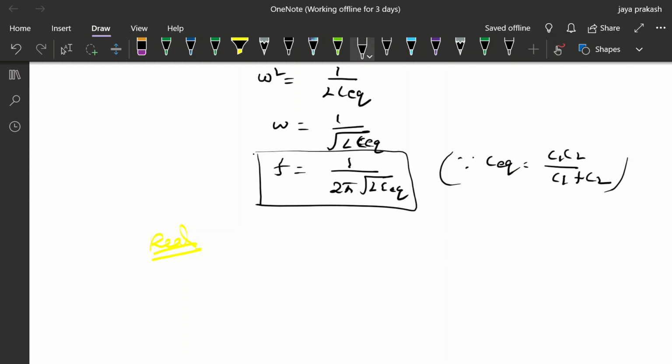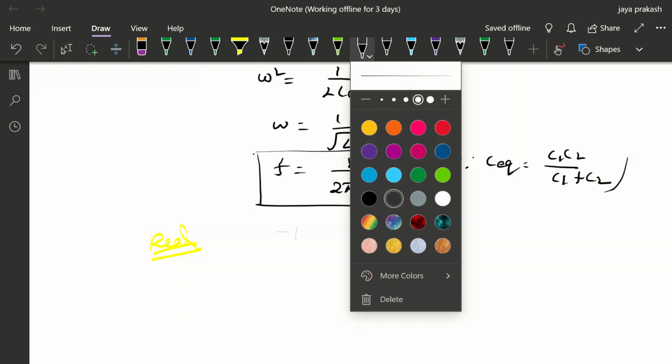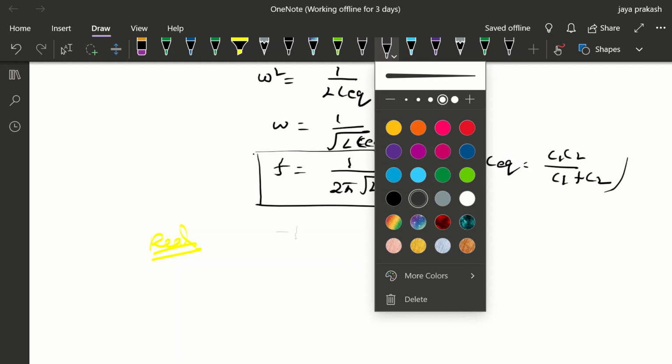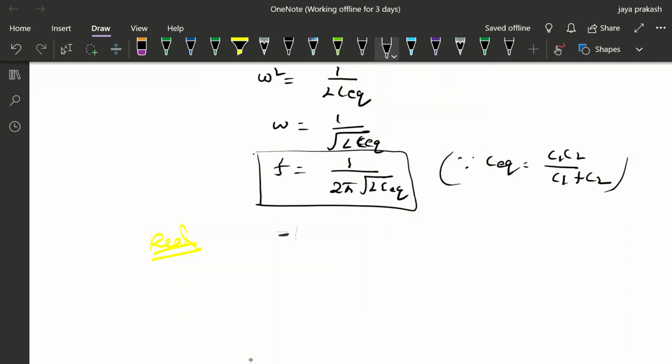And the real part, what is the real part? Minus 1 plus hfe divided by omega square C1 C2 plus L by C2 is equal to 0.